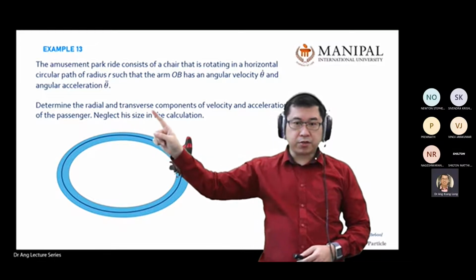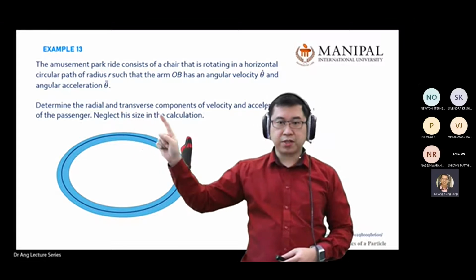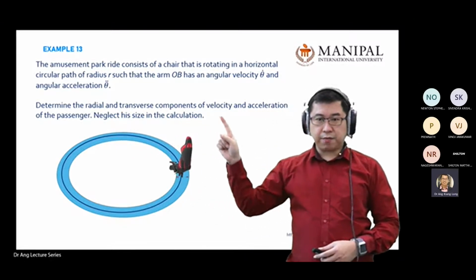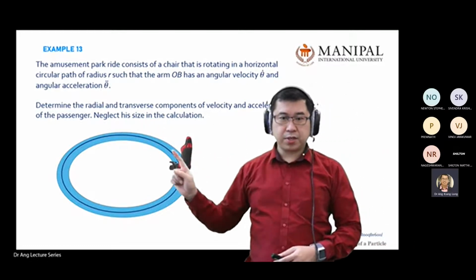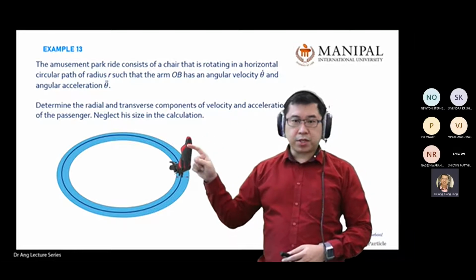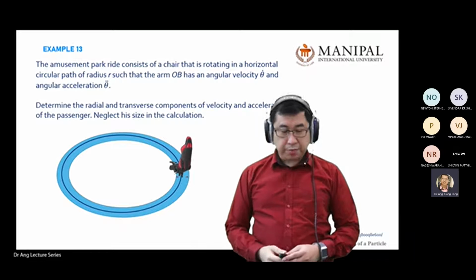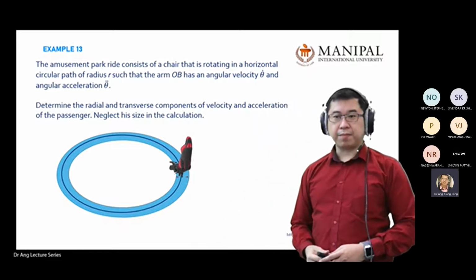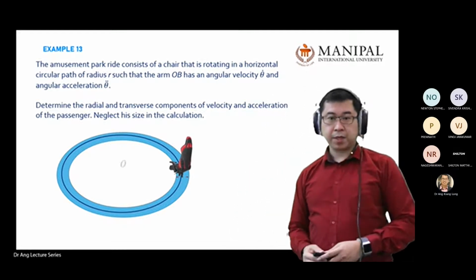Determine the radial and transverse components, radial is r, transverse is theta, of velocity and acceleration of the passengers. Ignore the size of the passengers in the calculation, because if you include that, it becomes a rigid body, which we cover in a later chapter.